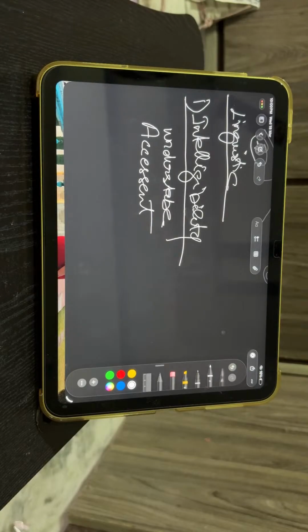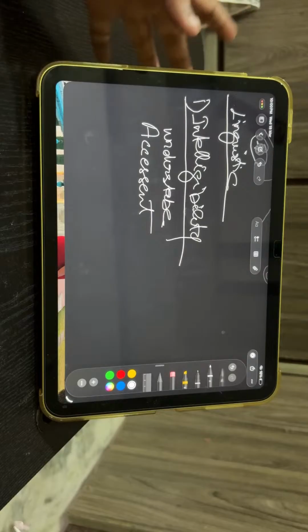If you practice English a lot, say 15 to 20 speaking cards in one month, your accent will change.